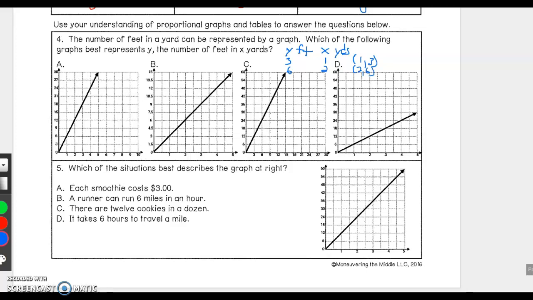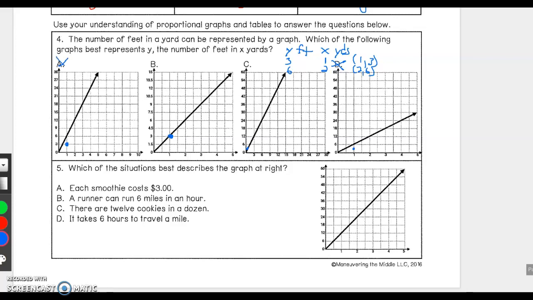So look at these. 1, 3 is right here. 1, 3, maybe. And that's 6. 3's here. Okay, so I know for sure it's not D, and I know for sure it's not A.